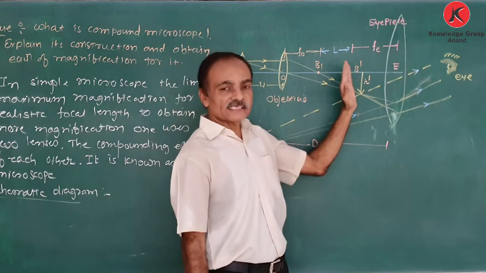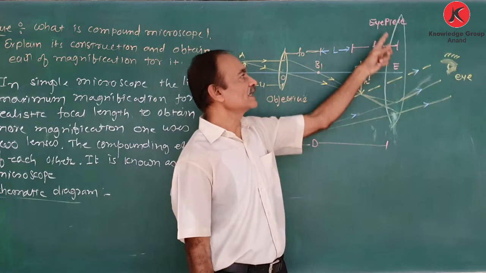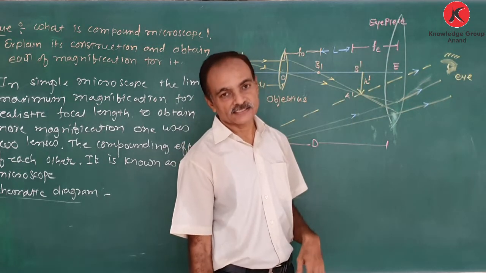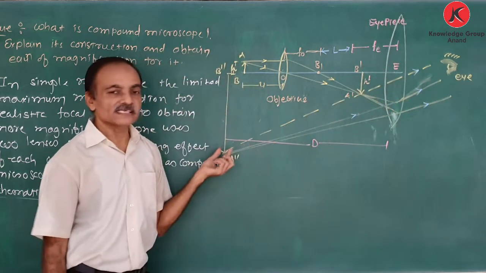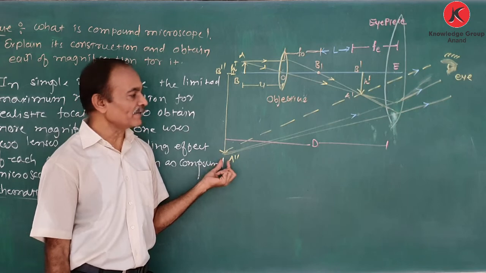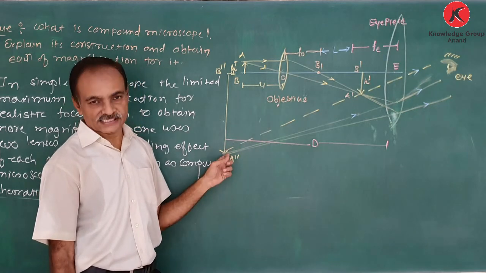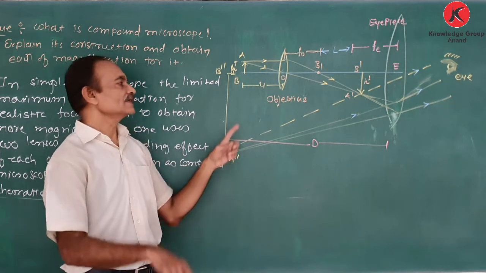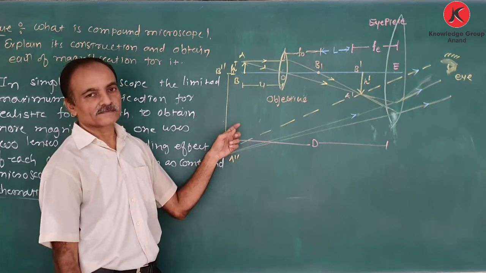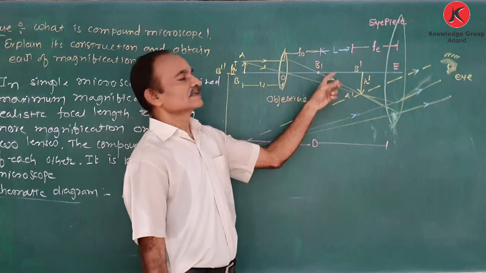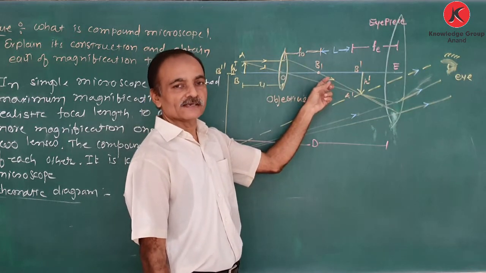Now this image acts as the virtual object for the second convex lens, that is our eyepiece, which forms the image at infinite distance or the near point distance, and this image is virtual and magnified. Due to the first lens, which type of image is obtained?